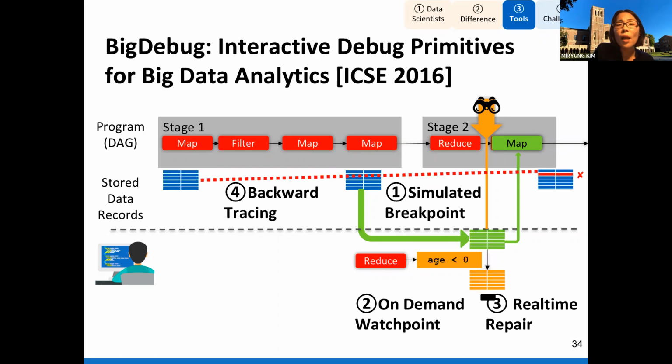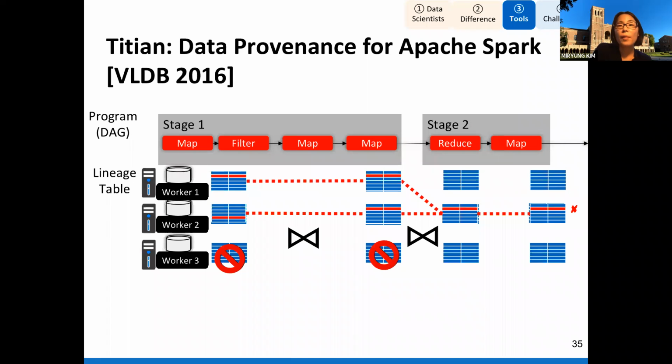And we also allow debuggability and traceability: given some suspicious data or intermediate result the user picks, we allow backward tracing by building this data provenance capability, which I'm going to describe next.